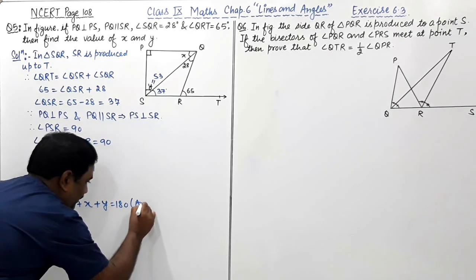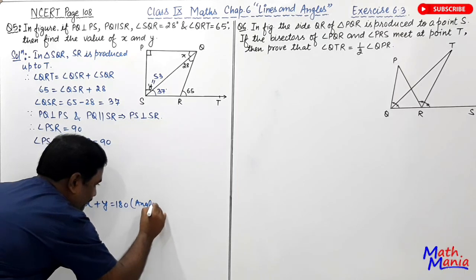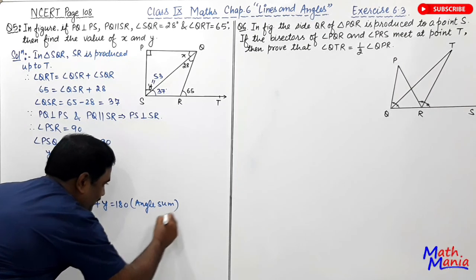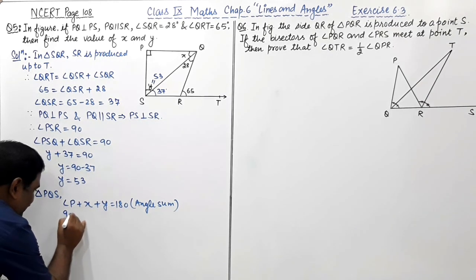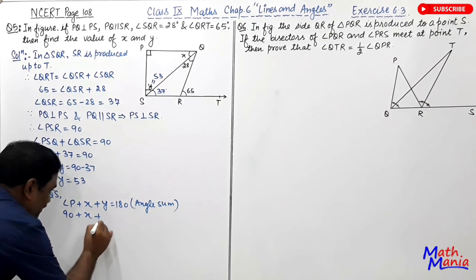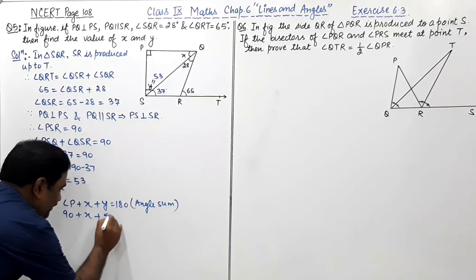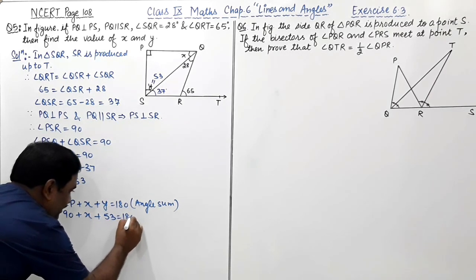Angle sum property, right? Okay, now measure of angle P is 90, plus X, plus Y which is 53 degrees, equals 180.